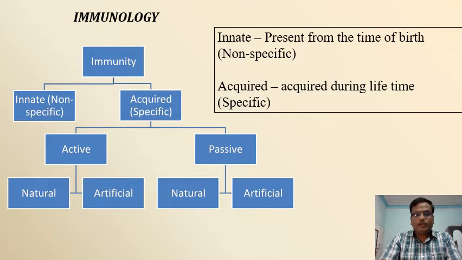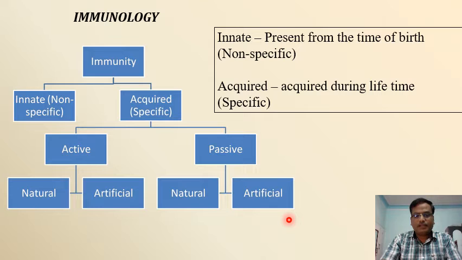In the same way, natural passive, as I told you, in passive immunity, we get the antibodies and other things from outside source. The example is the immunity which we get from the mother. That is an example of natural passive acquired immunity.